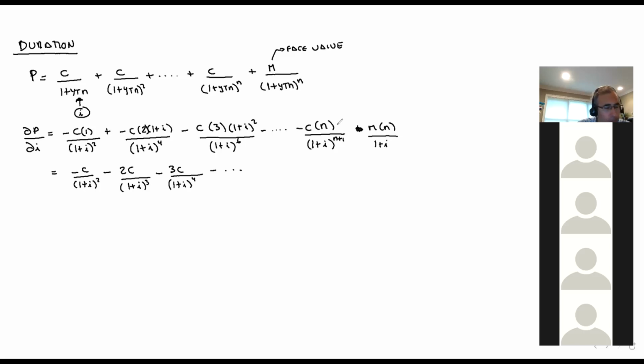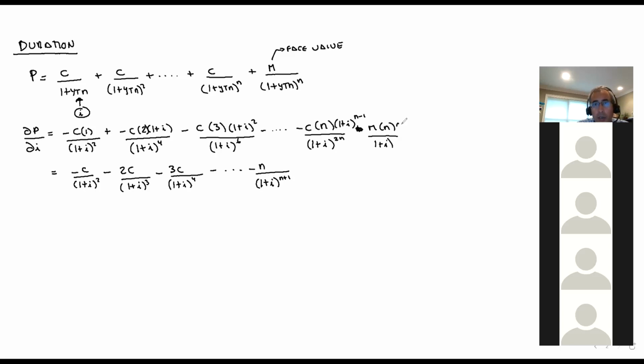So here we go. What is my ratio here? So minus n. This one is going to be 1 plus I to the n plus 1. So this is going to be n, 1 plus I to the n minus 1, and down we're going to have 1 plus I to the 2 times n.